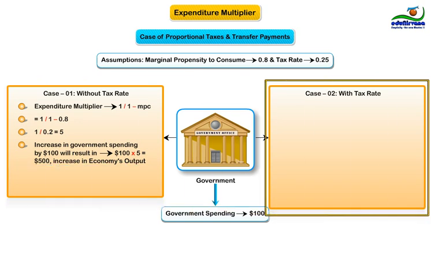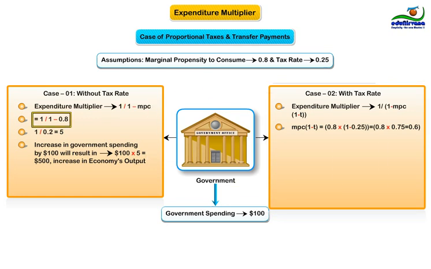In case 2, that is with the tax rate, the expenditure multiplier will be 1 divided by (1 - MPC × (1 - t)). Clearly, in this case, consumption will now rise by a smaller amount, that is 0.60, which is a result of MPC × (1 - t), that is 0.8 × 0.75, for every unit increase in income instead of the earlier 0.80. Thus, consumption will increase by less than before.